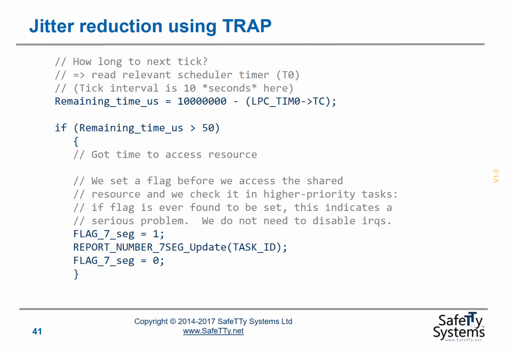So here's a protocol that we call the time resource access protocol. To work out whether a system has time to access a resource or not, we simply check with the scheduler how long it is until we get to the next tick. If we don't have time to access the resource, then our low priority task will not access that resource before the tick takes place.